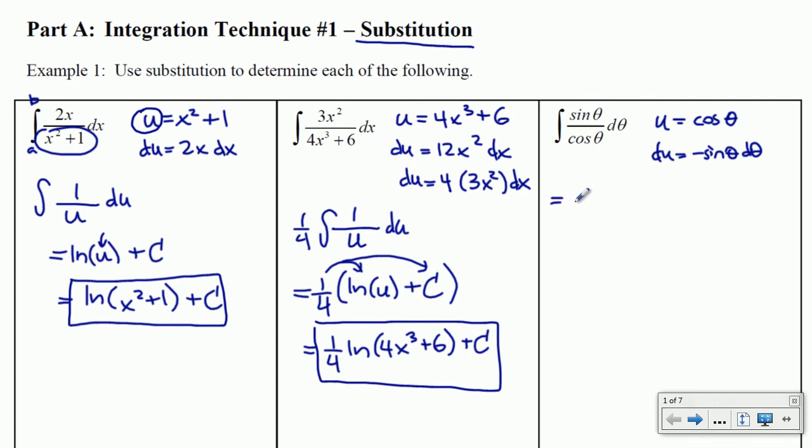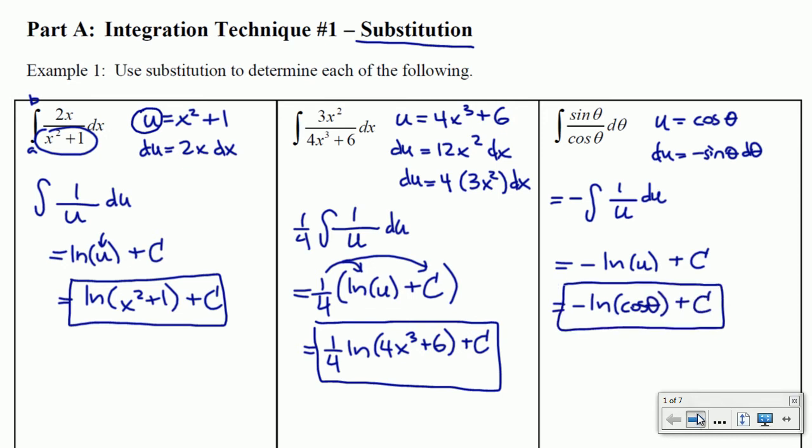So this integral would become negative over u. And then sine theta d theta I established was du, so du. And this integral is pretty easy to do. It's just ln of u. So it'd be negative ln of u plus c. And I can put the u back in and express it in terms of theta. So this would be negative ln of cos theta plus c.